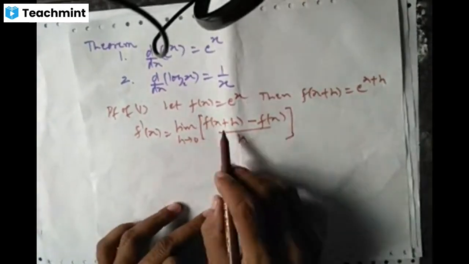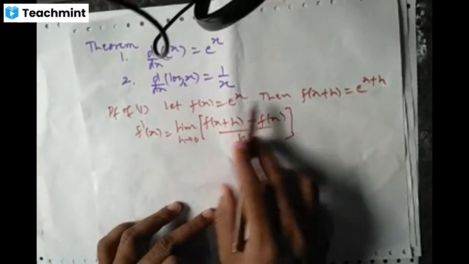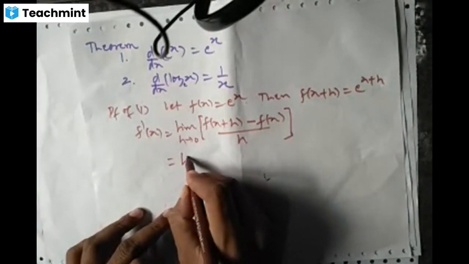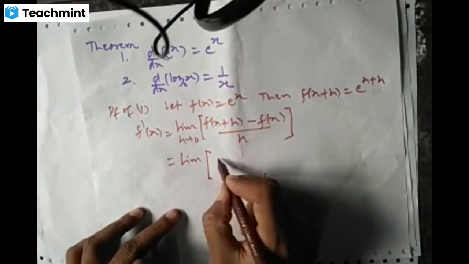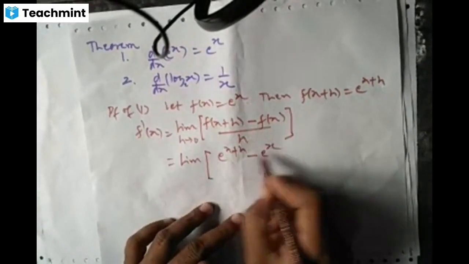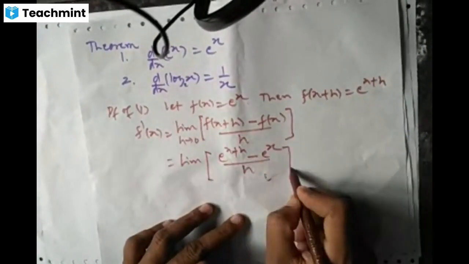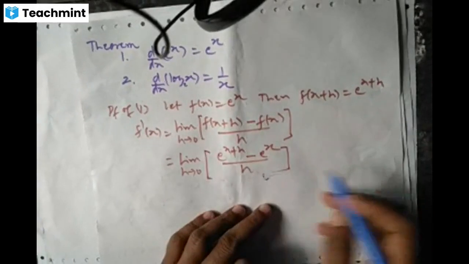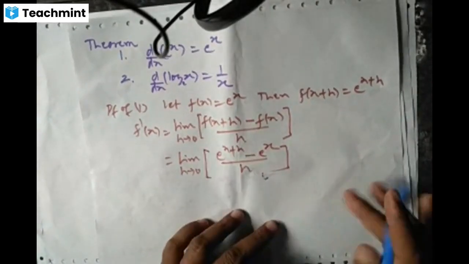Now we shall replace f of x by e to the power x and f of x plus h by e to the power x plus h. Then we get limit of e to the power x plus h minus e to the power x, whole thing divided by h, as h tends to 0. Correct? Now I am going to use one of the laws of indices.